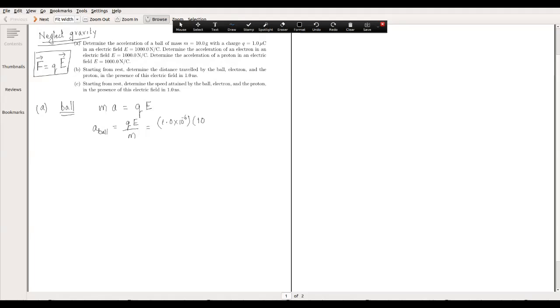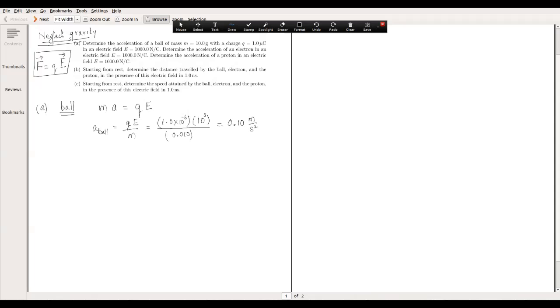Anyway, there are two sig digits decided by the smallest one, so it's 10 raised to 3 divided by the mass, which is 10 grams, that's 0.010 kg. And that's equal to, there's a 10 raised to minus 6, and 10 raised to minus 2 in the denominator, that's 10 raised to minus 4. So there's 0.10 meters per second squared.